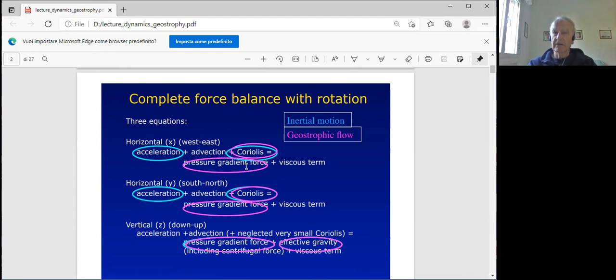So we have these horizontal components, where x is west-east and y is south-north, and then we have the vertical component, where again we have acceleration, advection, pressure gradient force, effective gravity, and Coriolis. In the vertical, we neglect the acceleration and advection, and we neglect the very small Coriolis force.